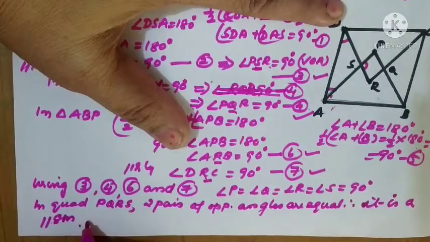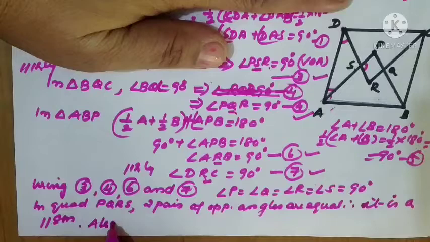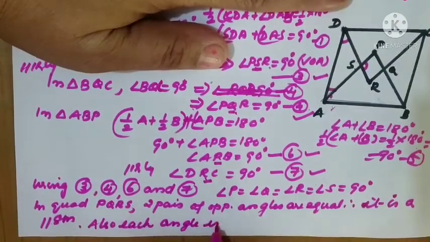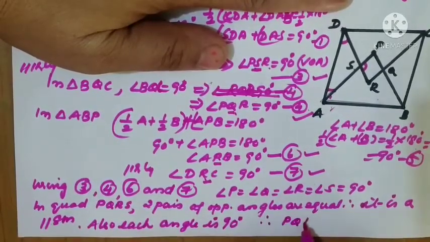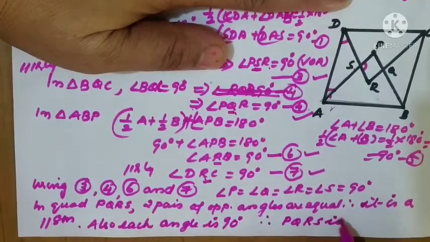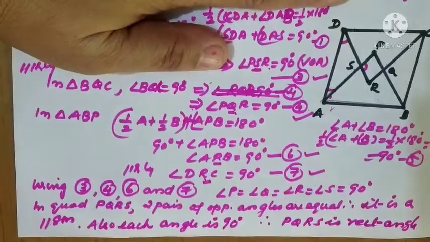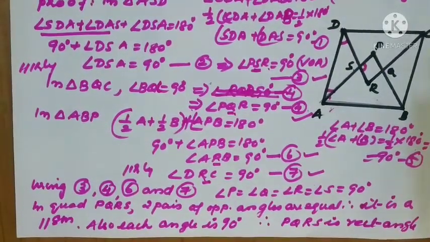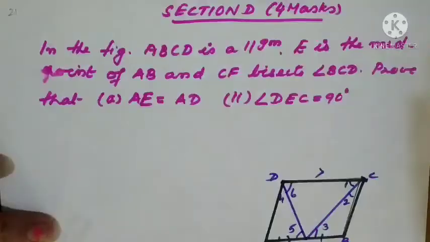And in the parallelogram PQRS, we should write also each angle equal to 90 degree. Therefore, PQRS is a rectangle. So by definition, in a parallelogram, if one angle is 90 degree, then it is a rectangle. Now here we got a parallelogram with all angles equal to 90 degrees, so it is a rectangle.